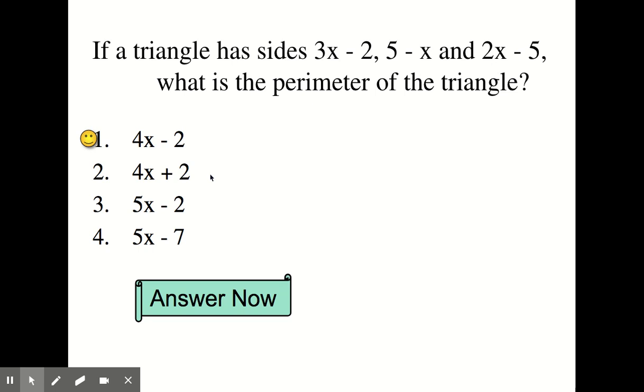You would end up with 4x minus 2. You end up with 4x minus 2 because you have the 3x minus an x, because these are like terms, that leaves you with 2x, and then that 2x plus this 2x gives us 4x. And then you have negative 2 plus the 5, which gives us positive 3, and then positive 3 minus this 5 gives us the negative 2.